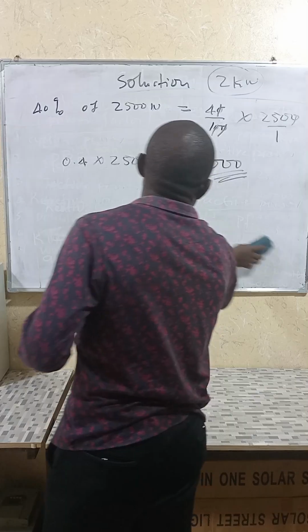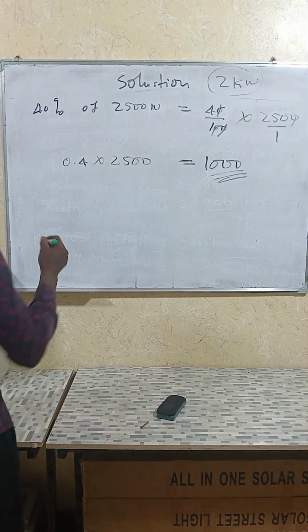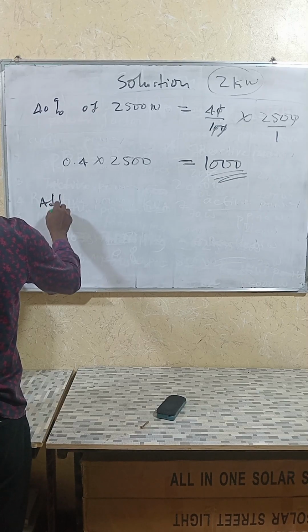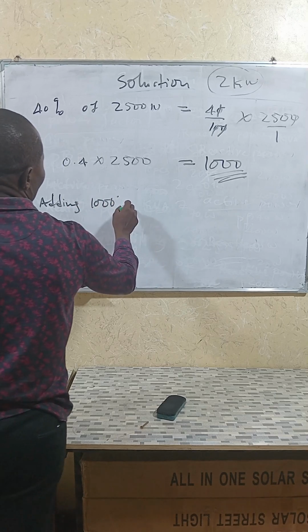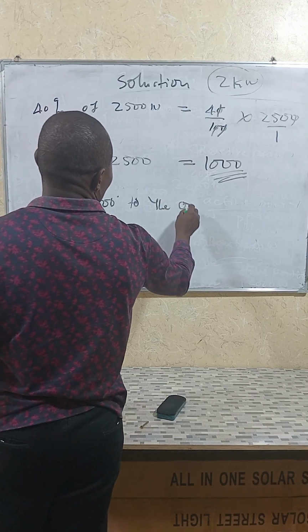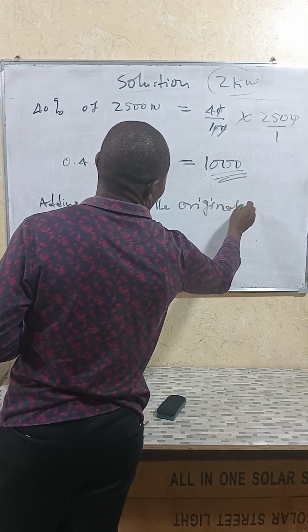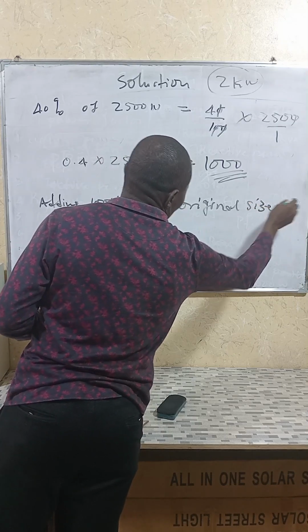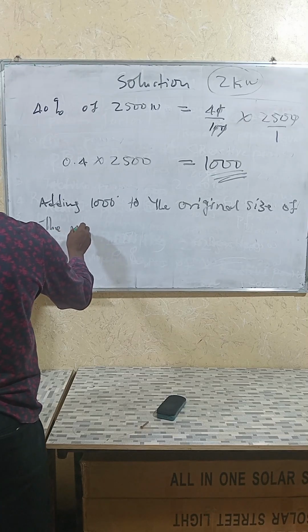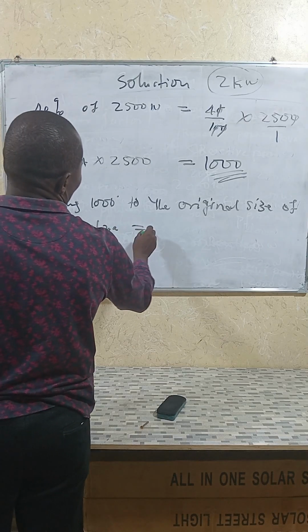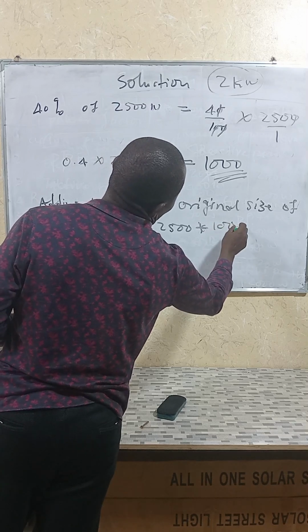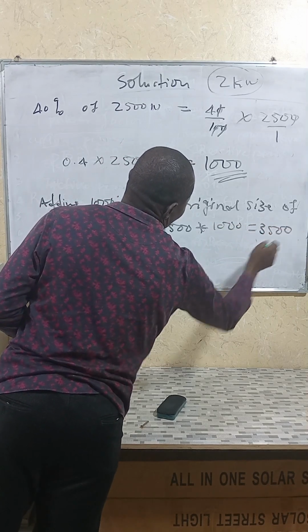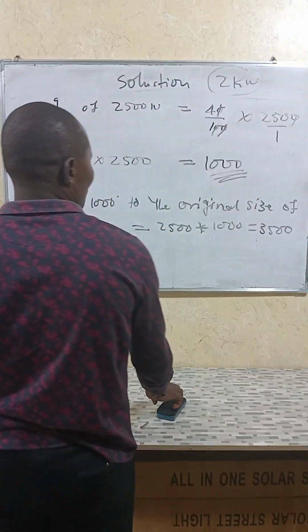Now, you are expected to add this 1,000 to the original size of the machine. 2,500 plus 1,000 is equal to 3,500.